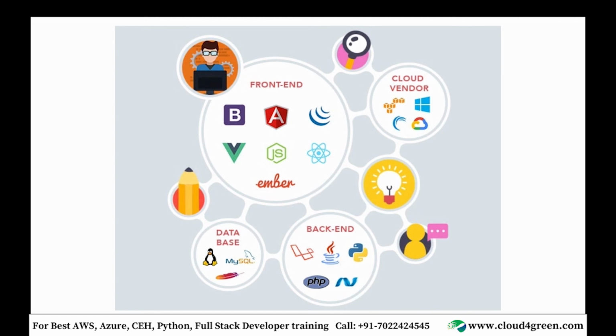This A that you are able to see here, this is Angular. Then comes Vue.js, then comes React, right? So these are the different JavaScript frameworks which help you in framing your front end. You can obviously take a call, whichever technology works best for you. In this session, in this course, we are going to be learning about various technologies, of course, but we are going to be focused on taking one technology at a time in that particular domain. For example, in front end, we are going to be dealing with Angular.